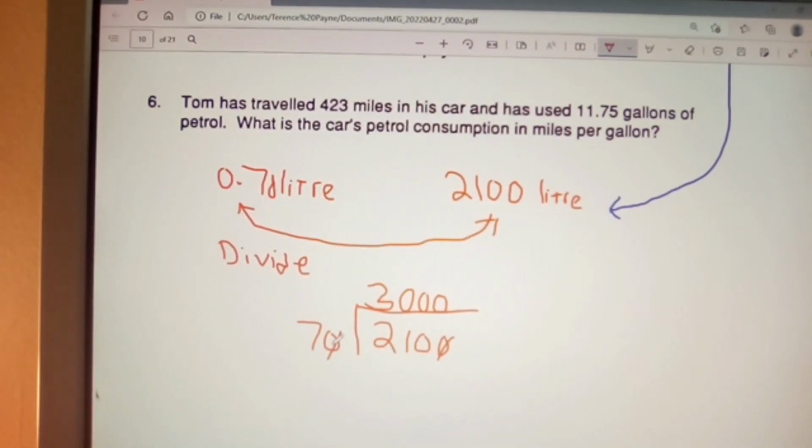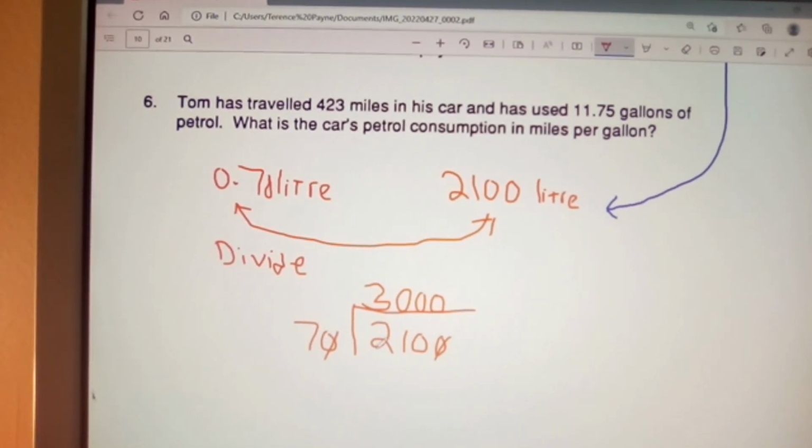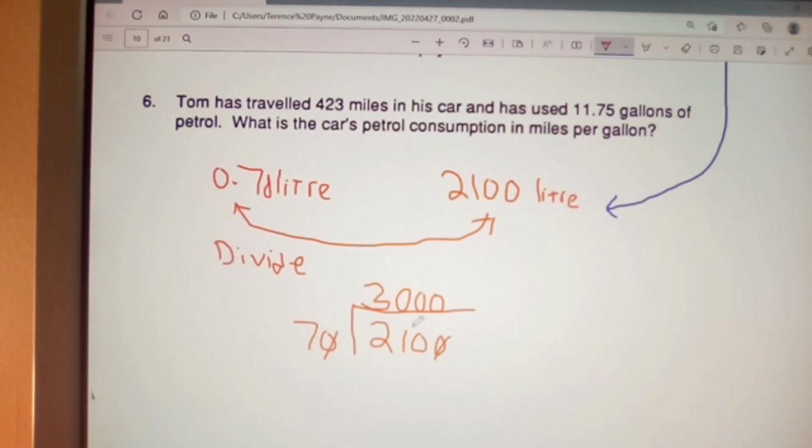Because 21 goes 3 times, 7 into nought goes nought, and that will equal 3000.